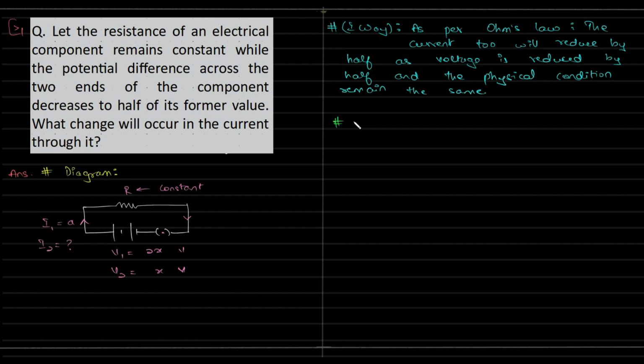The second way of doing it is a bit lengthy version, but yeah, both are correct. So we can start off with, let the initial voltage V1 be equal to 2x volt and current I1 be equal to, let me use some other variable, M ampere, right?